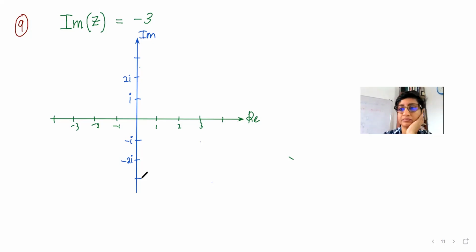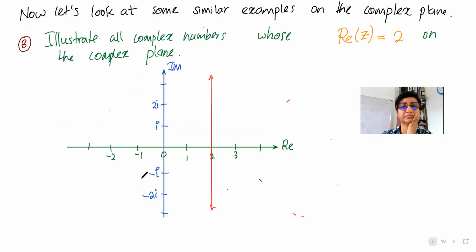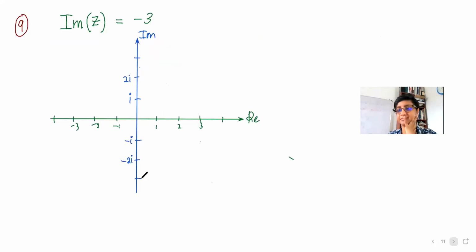Miss, can you go to the previous slide for a second? Okay, Miss. Yes, Tarindu, it's similar to an XY coordinate plane.